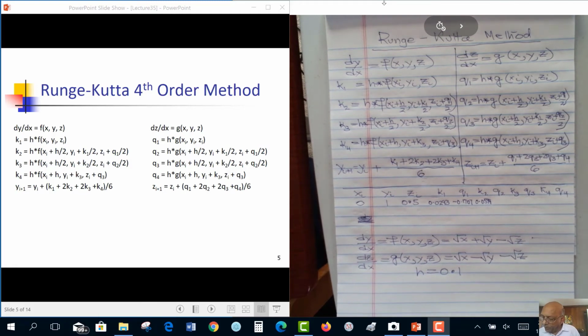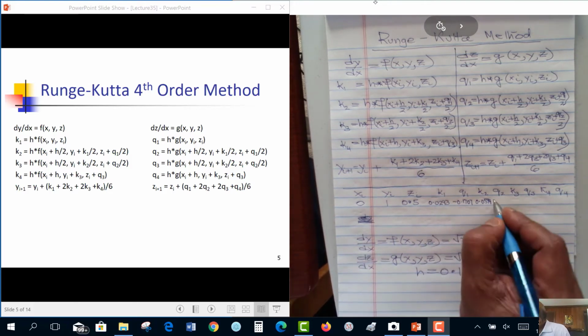Q2: 0.1 times, again square root of 0.05 minus square root of 1 plus 0.0293 divided by 2, minus square root of 0.5 minus 0.1707 divided by 2. So we'll get negative 0.1428.